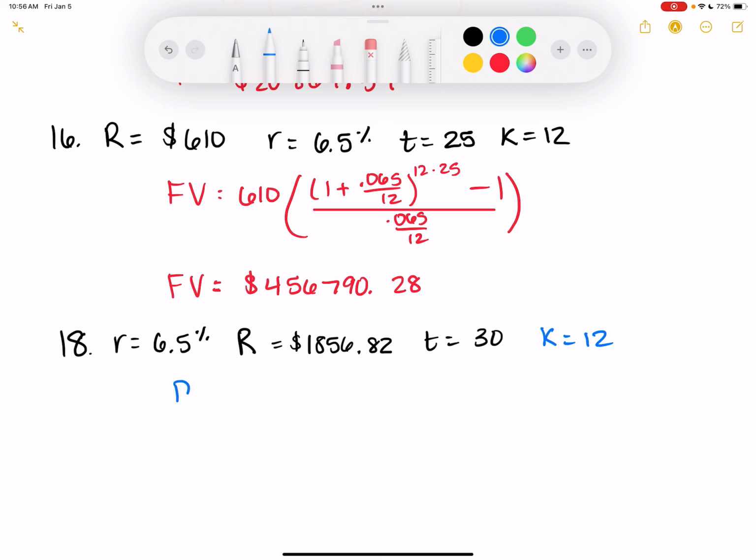The formula for present value is capital R times 1 minus parentheses 1 plus i raised to the negative n, divided by i. And i and n are still the same things that they were before. So i is still little r over k, n is still k times t.